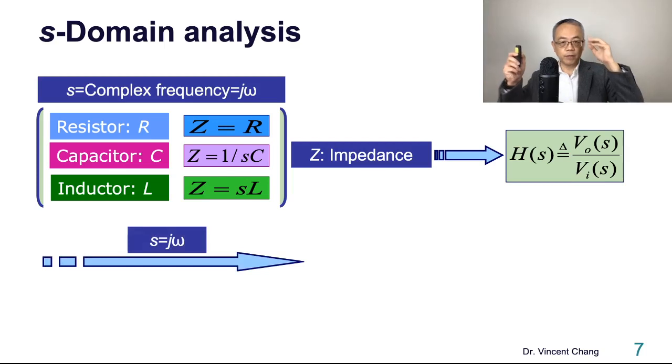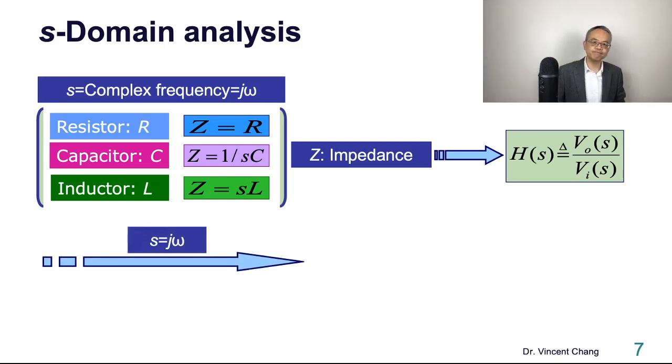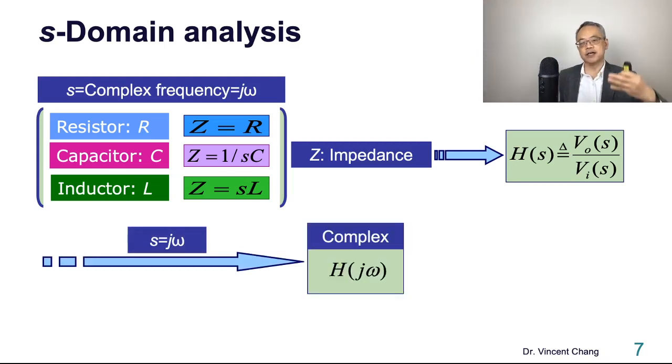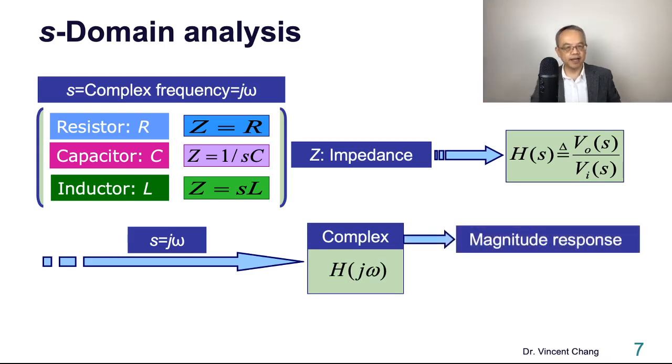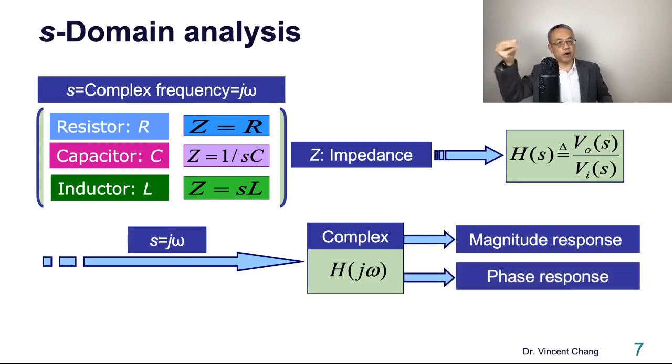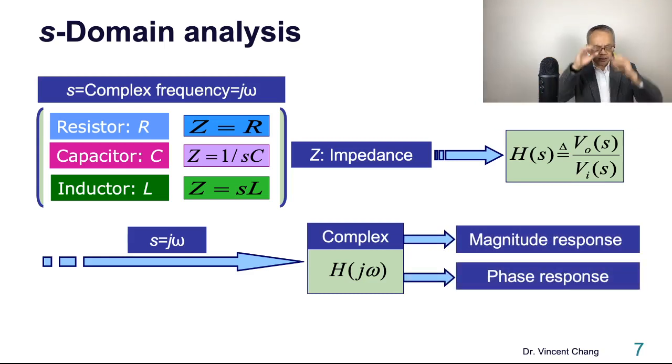And then once you get the transfer function in terms of S, you replace S with j omega. Then you get a complex transfer function. And for a complex function, same thing you learned from math: magnitude response, and then you investigate the phase response. So this is the big concept.